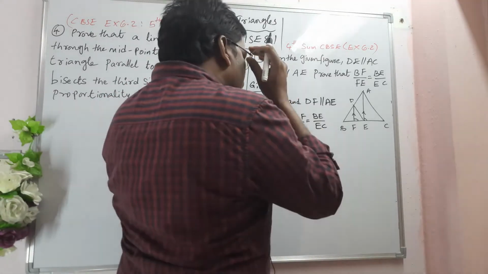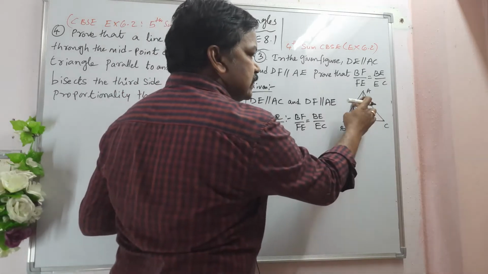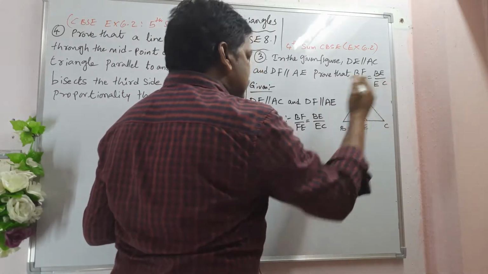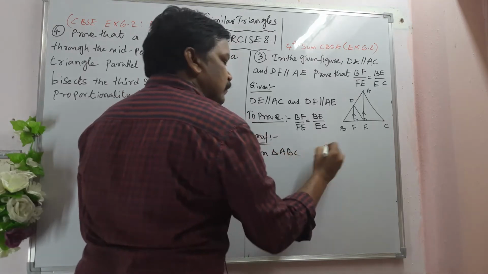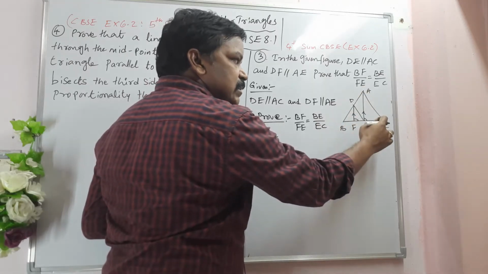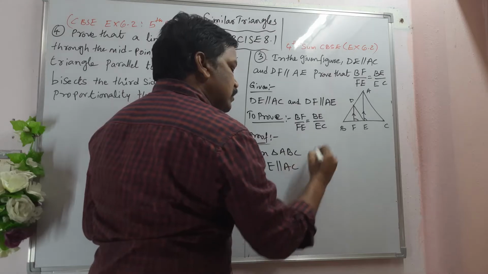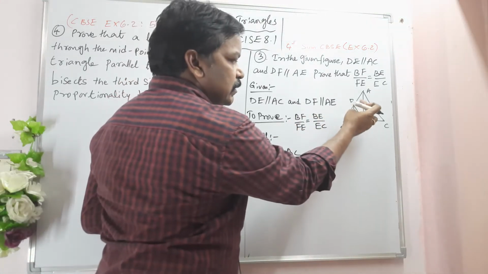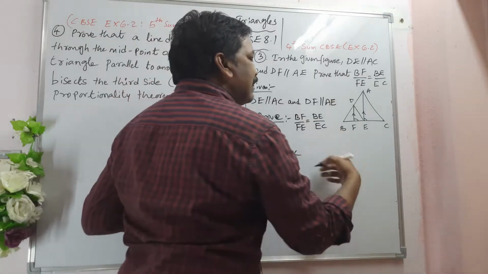See students, here DE is parallel to AC. That means I will take triangle ABC. I will write here: DE is parallel to AC. Can you see it? Now we will take another triangle.